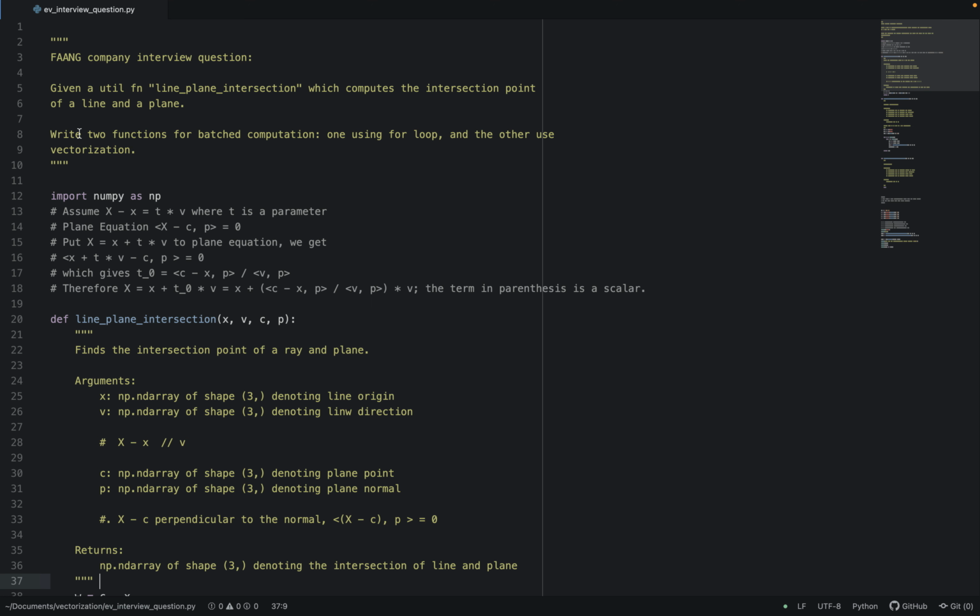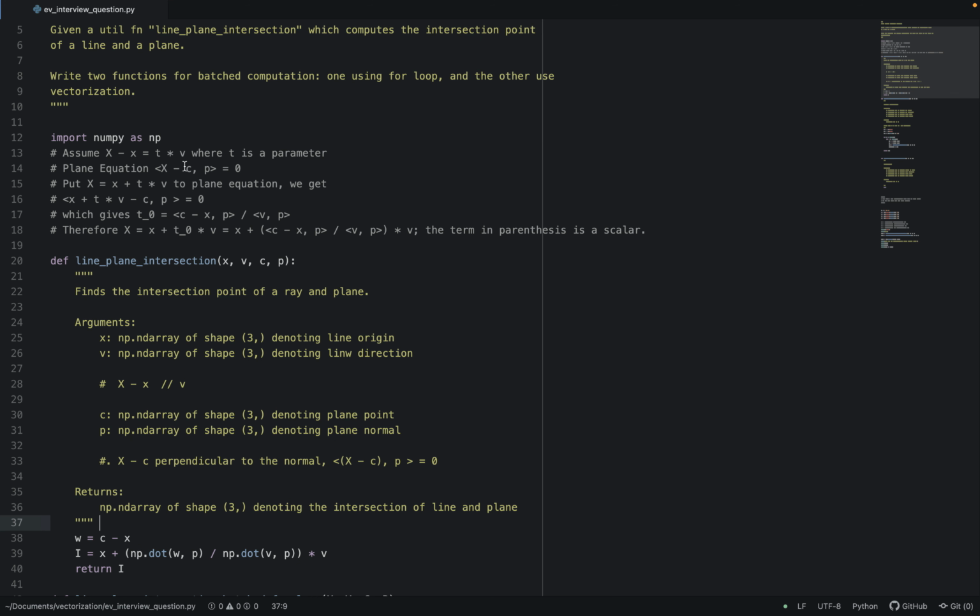So the task is to write two functions for batch computation. We compute the intersection points for a set of straight lines and a set of planes. One uses a for loop and the other uses vectorization.